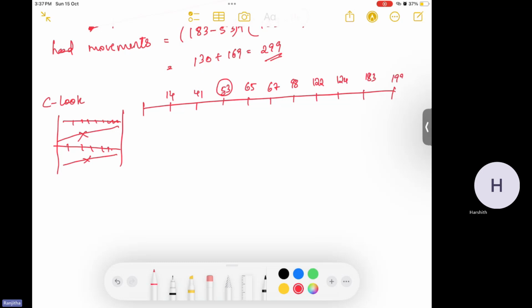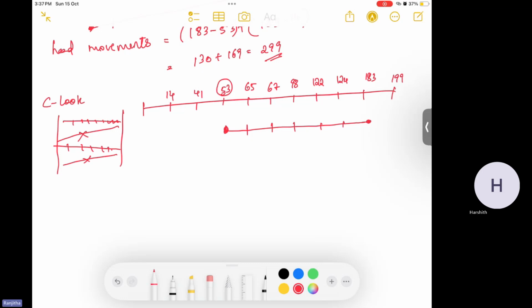So we start from 53 and we go till 183. On the way, we read all these cylinders.